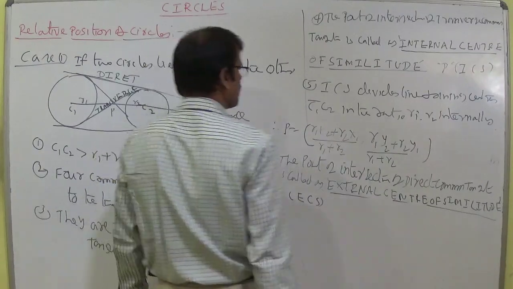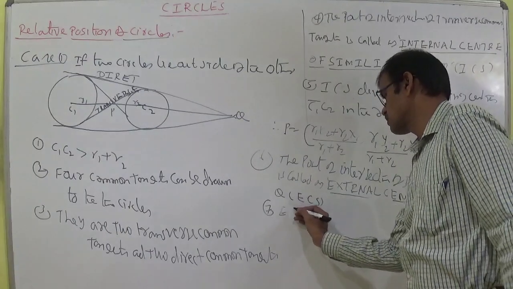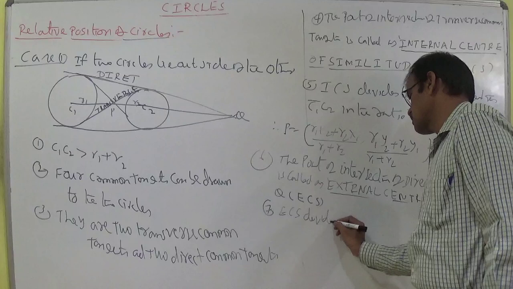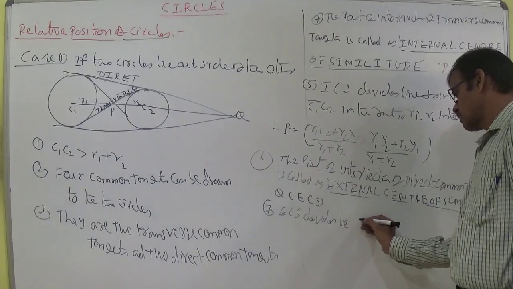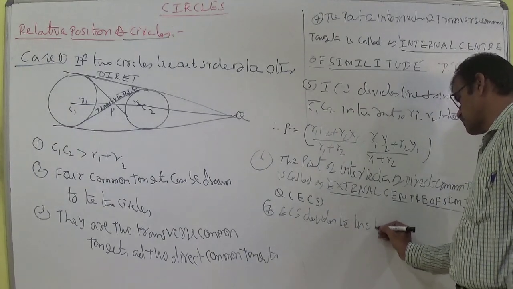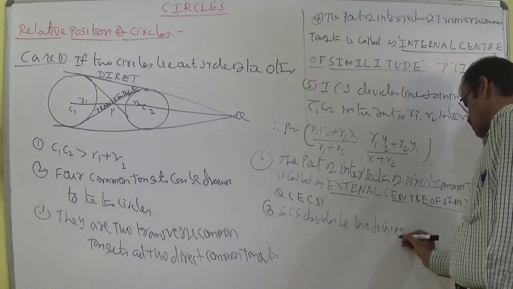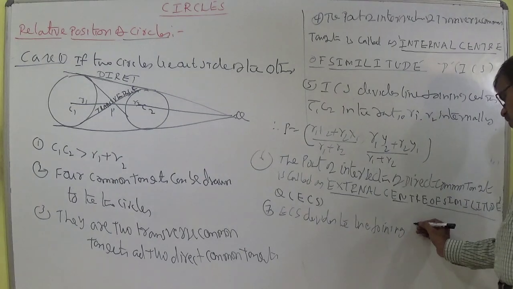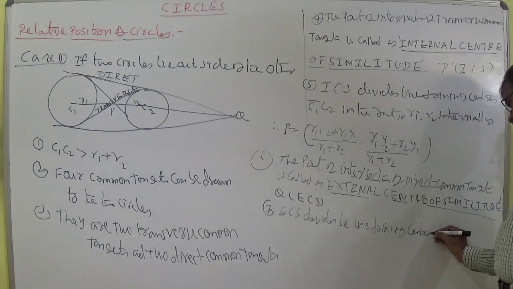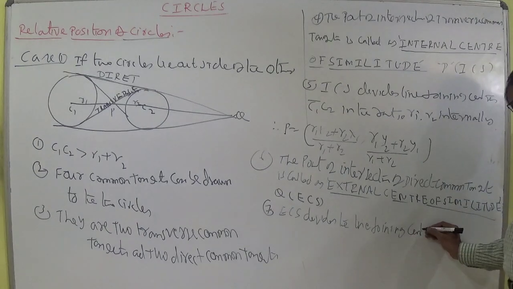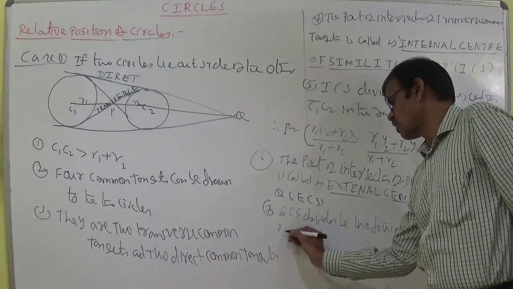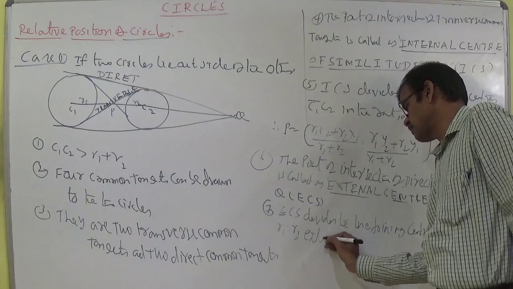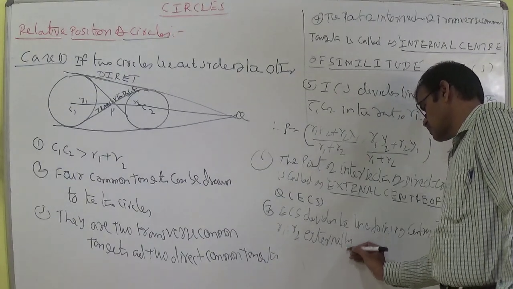Next, the seventh point. I am writing ECS divides the line joining centers, C1 C2 with a bar, in the ratio R1 is to R2 externally.